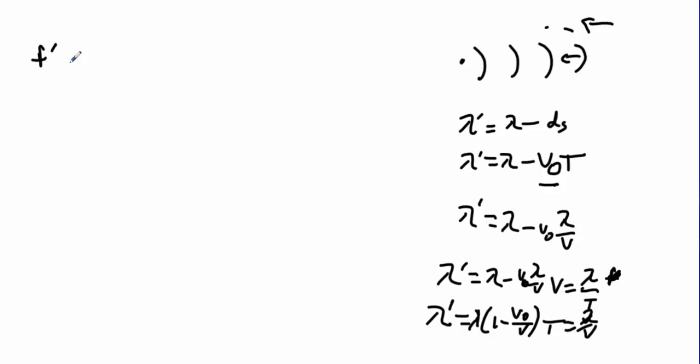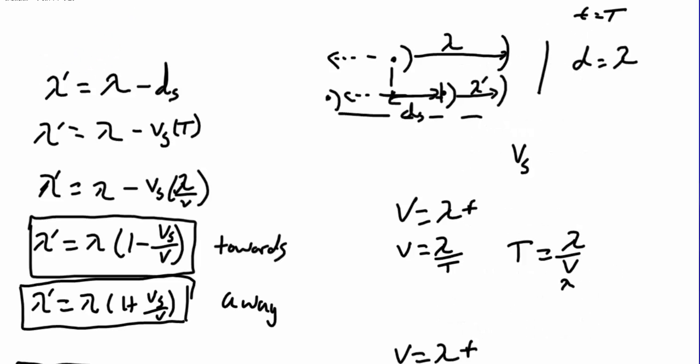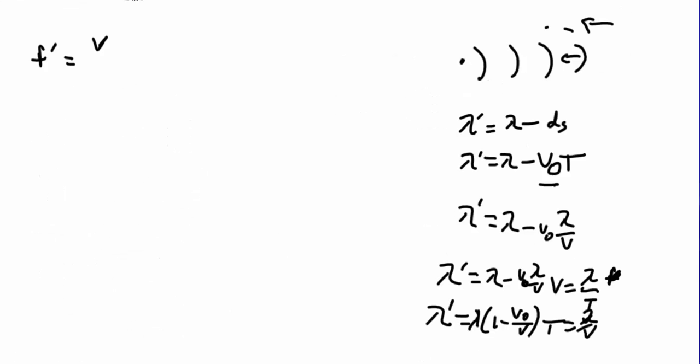The new frequency is given by 1 plus V observer over V times the original frequency, and this is if the observer is moving towards the stationary source.